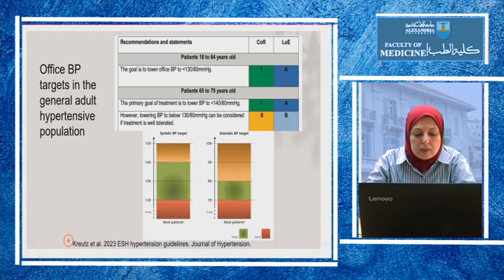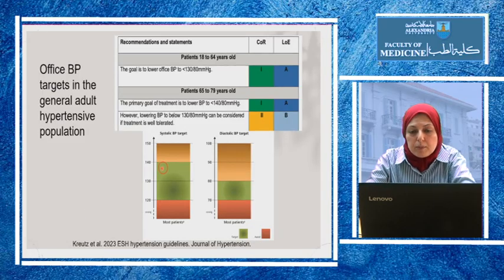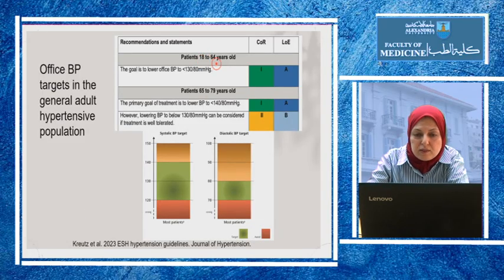The European Society of Hypertension and also the International Society of Hypertension recommend that the target, even in patients with chronic kidney disease, should be less than 130 over 80 millimeters of mercury in patients between 18 and 64, and in patients over 65 it should be below 140 over 80.